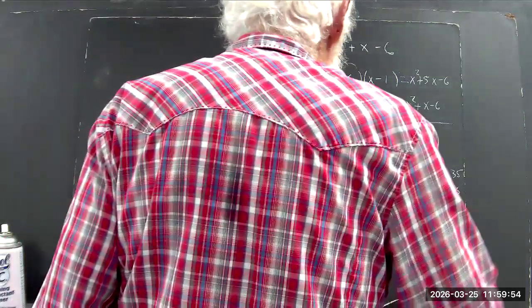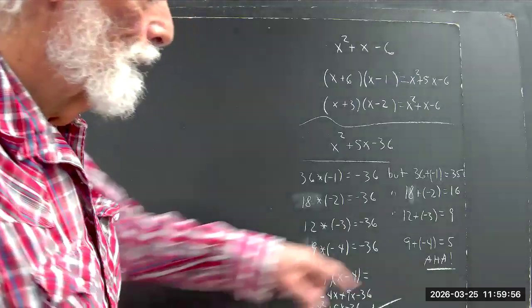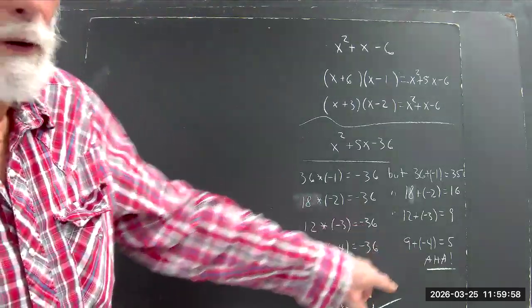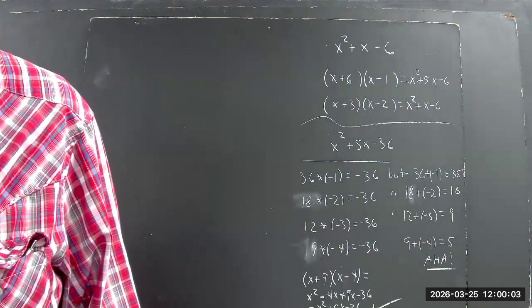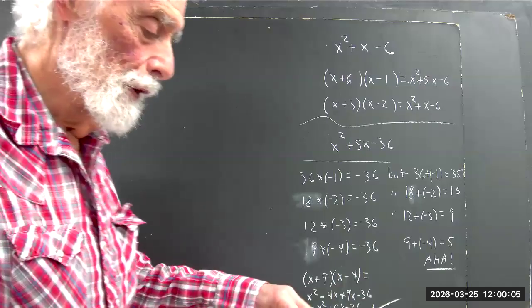And then we'll put a big check mark next to that. Aha means we think we found the solution. Check mark means we verified that we got the solution. Fair enough? Okay, very good.